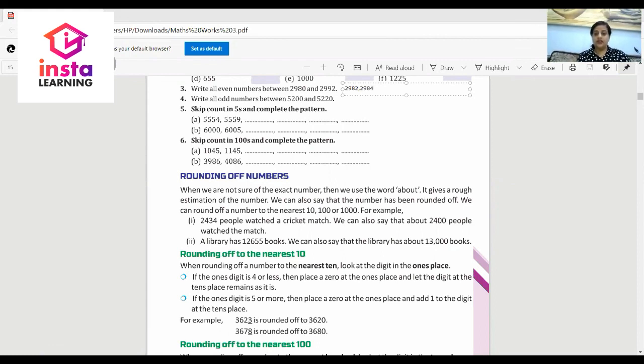Just leave one digit in between, that is 2983, which is going to be skipped. And after that, with the comma, 2986 will be the next number. 2988 will be the next number.